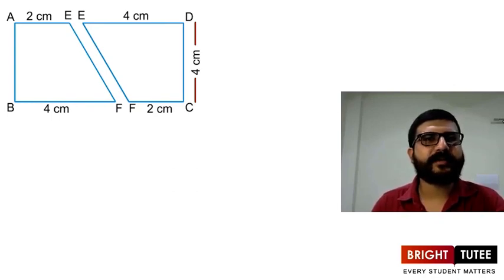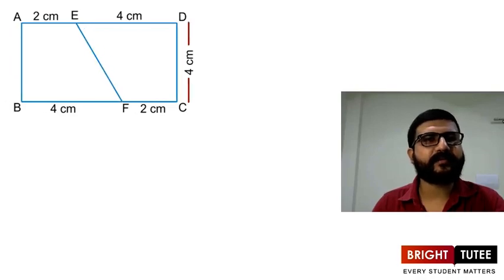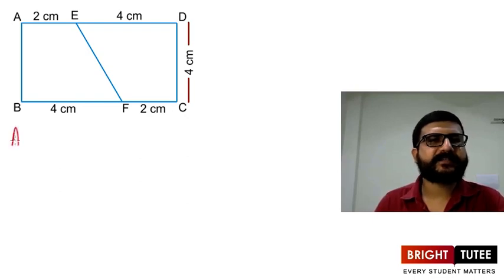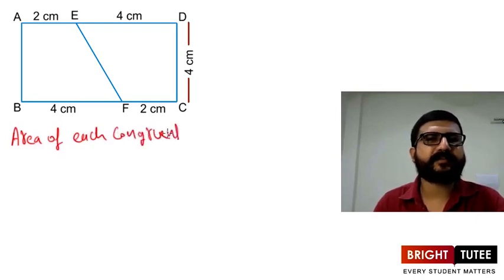Are they congruent? So what we can do, we can actually draw one rectangle and cut it along this line EF, and then we'll try to superpose one figure over the other one, and we will get that both the parts are congruent. So what can we say about their areas? Now these two parts are congruent, so we'll call them congruent parts.